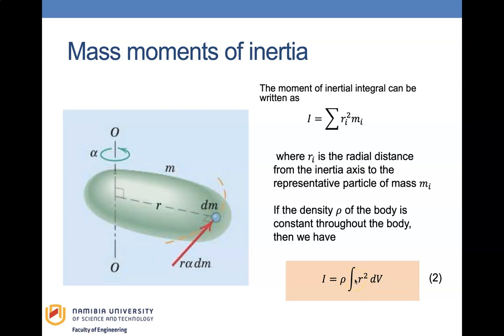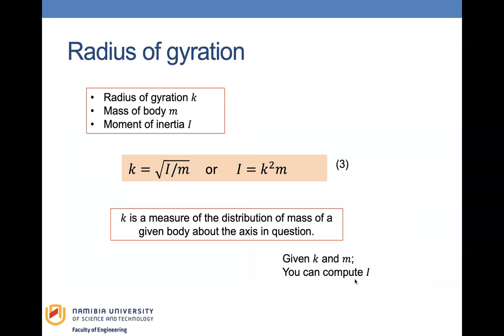Now we consider another property, the radius of gyration, k, of a mass m about an axis for which the moment of inertia is I, defined as k equals the square root of I over m. Or we can write that I is equal to k squared m.